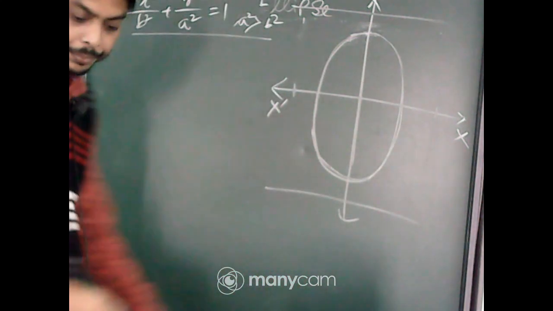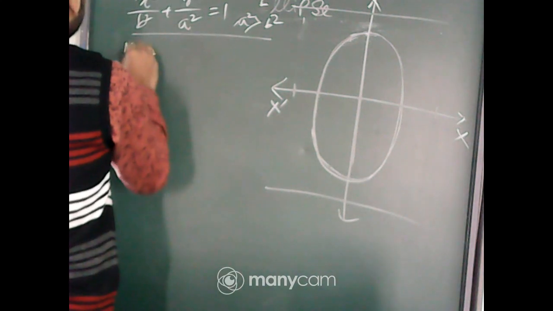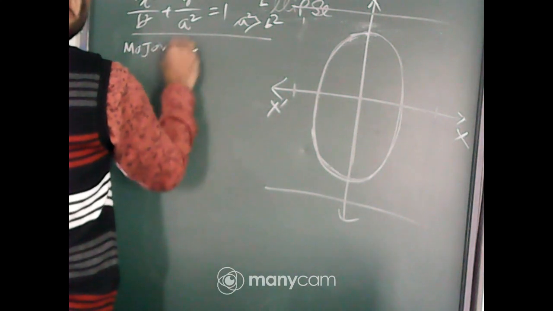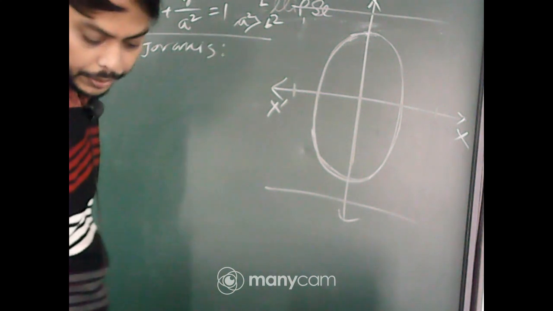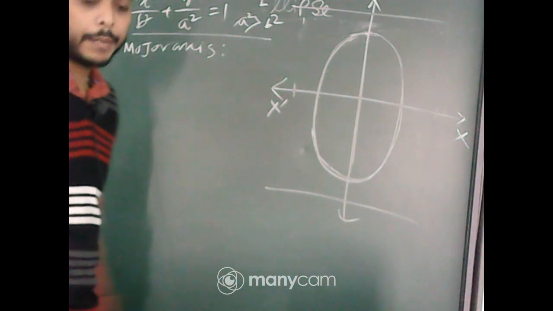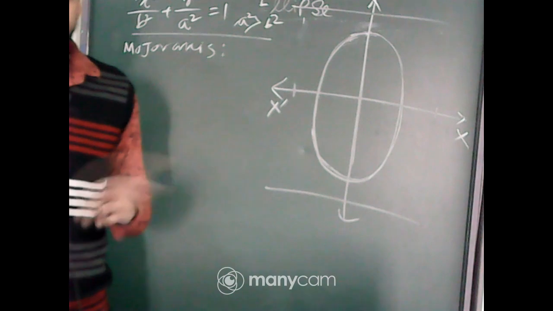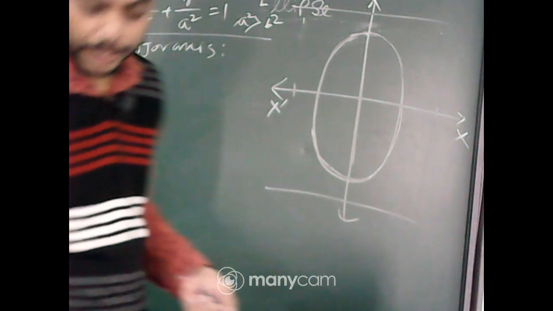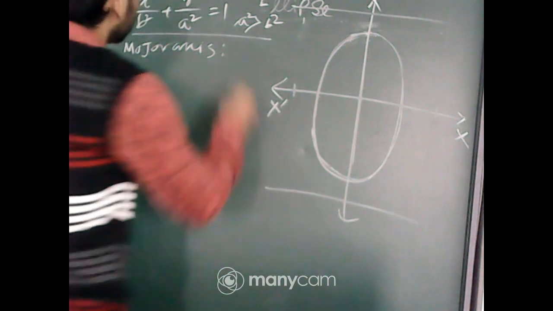Here the major axis is, tell me, which one? Here major and minor axis will be changed comparing to the previous figure, first form. Major axis, y axis, very good.